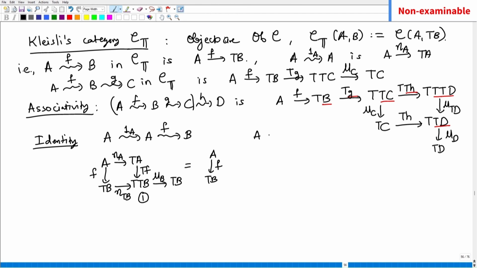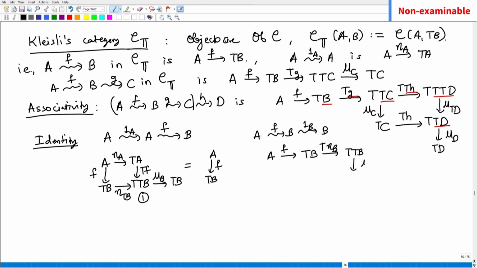The other side identity is also interesting. So that is B. I mean, that's easy actually. 1 sub B. What is this composition? It's just A to TB. Yeah. And this is F. Then from TB to TTB, we will have T eta.